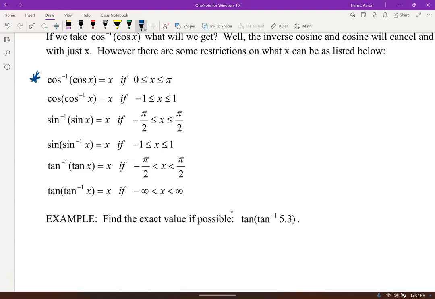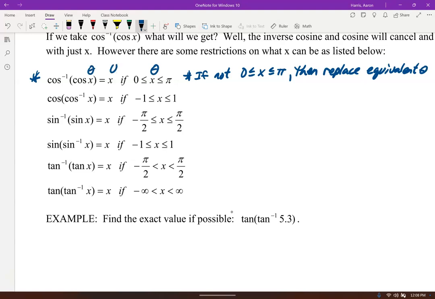No. So you want to put a little star here. Anytime I've got a star, if it's not between those values, then you want to replace it with an equivalent theta. Or I'm sorry, in this case, x. Sorry, I'm going to leave it as theta. Theta is my x. Okay.